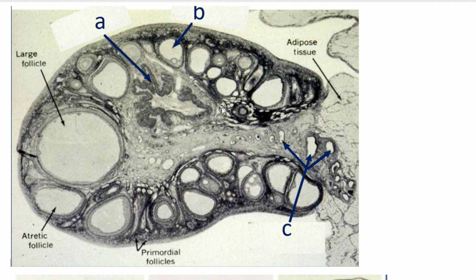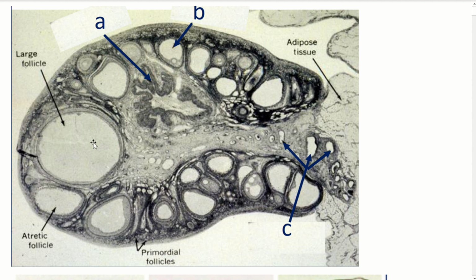Remember that the corpus luteum is making estrogen and progesterone. That's what it makes. It does not make luteinizing hormone. It is created by luteinizing hormone, and that's why it's called the corpus luteum. B is pointing to a secondary follicle in the ovary. The reason I know that is because it's not as large as one like this, right?